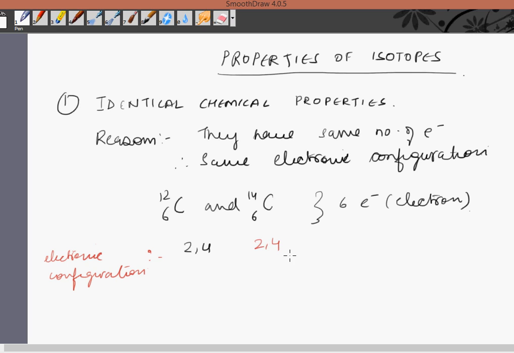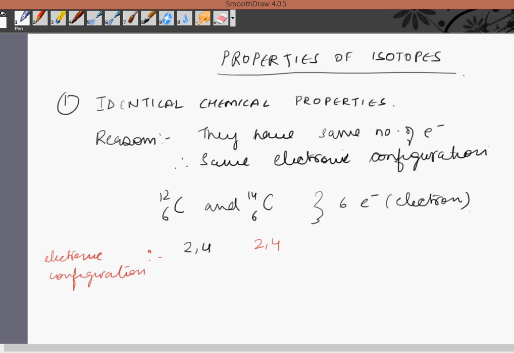So both the isotopes of carbon, C12 and C14, have identical electronic configuration having same number of 4 valence electrons, so they show identical chemical properties. Similarly, the isotopes of hydrogen have the identical chemical properties. Reason behind this is having the same electronic configuration as the valence electrons are same.